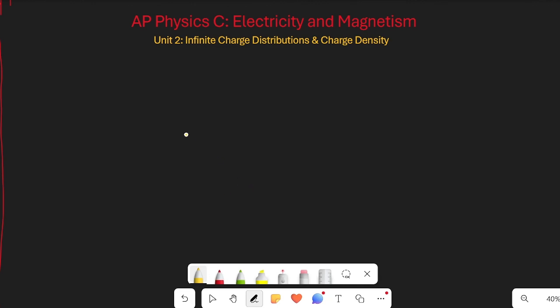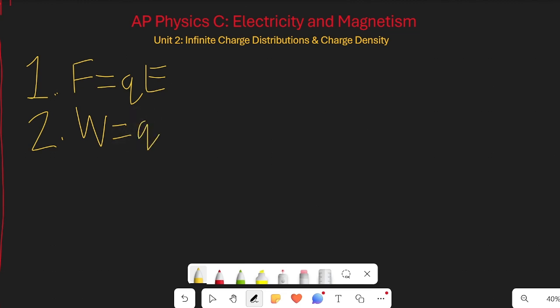So previously we've covered a total of, I'd say, 4 equations last time, where the first two are our golden equations. The first one is that force equals charge times electric field, and the second one is that work equals charge times potential.